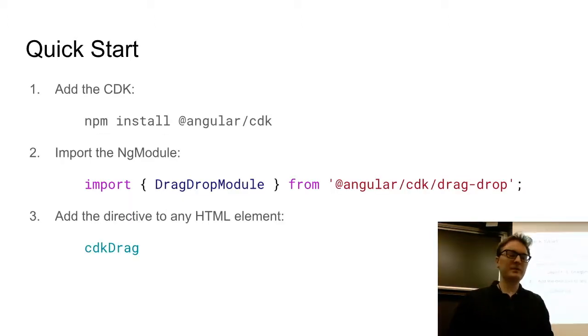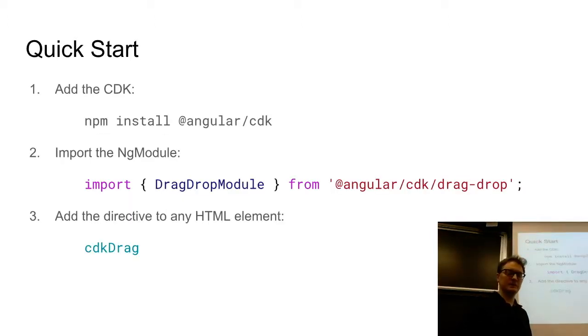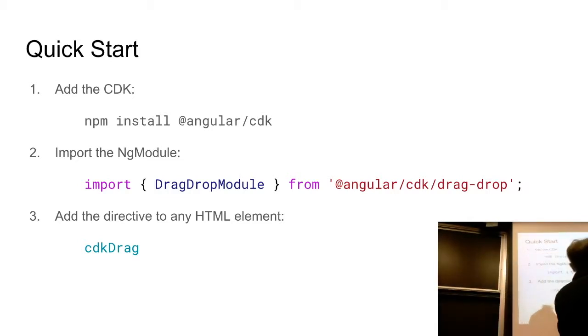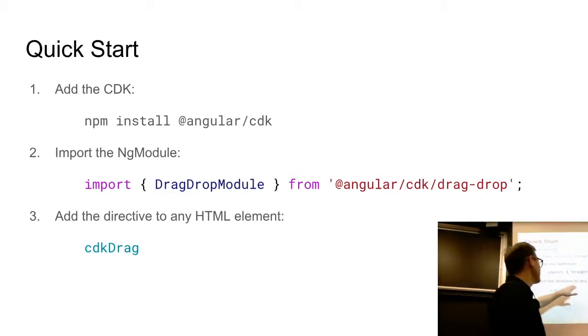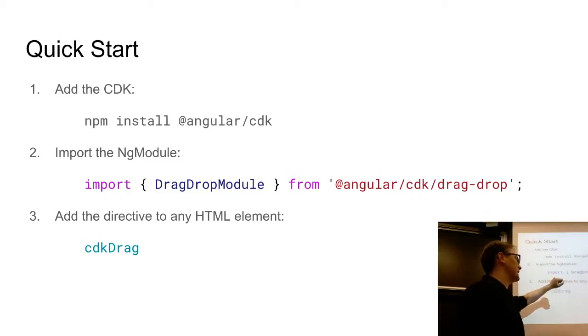The basic way to do that is to install the CDK. This is separate from Angular Material, although it's part of the same repository in the source code. It's a different npm package. Then you import the drag and drop module in whatever ng module you need it in.